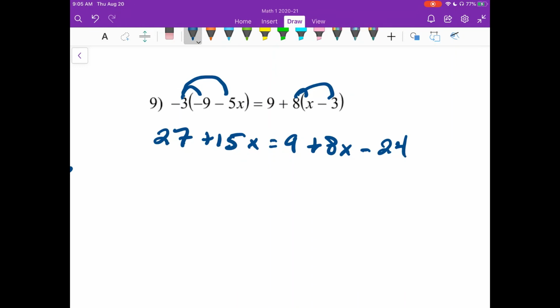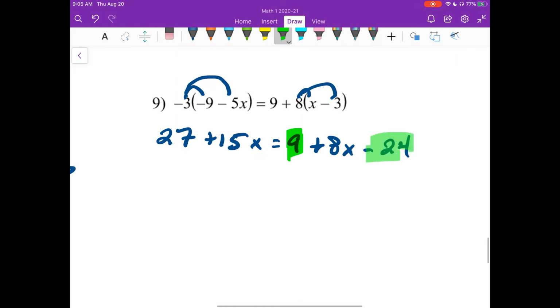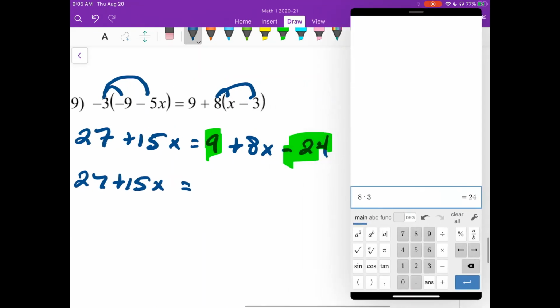For starters, I'm going to combine like terms on the right. We can see that I can put this 9 and this 24 together. So I'm going to just rewrite the left. 27 plus 15x equals 9 minus 24. That gives me negative 15 plus 8x.